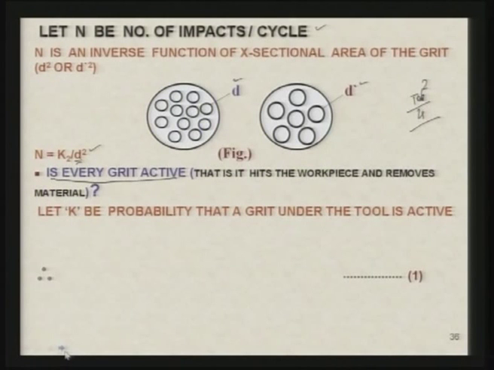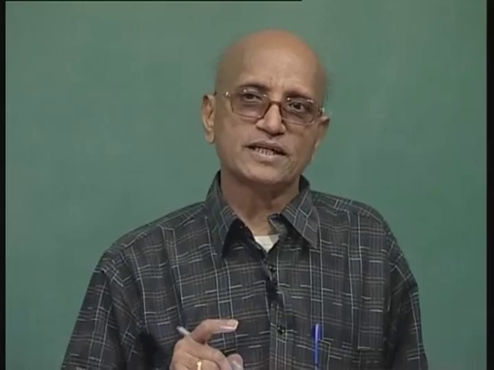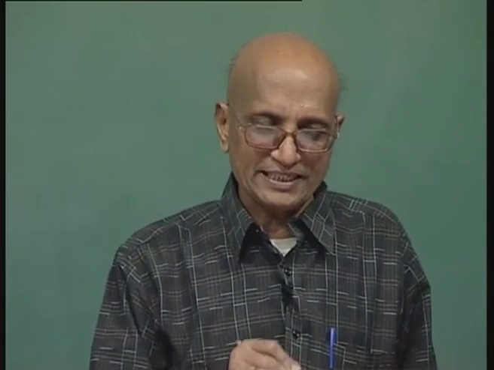So, it is assumed that all abrasive particles which are under the tool are not active. That simply means that each abrasive particle is not hitting the workpiece surface. So, they assume that the probability of an abrasive particle hitting the workpiece surface, let it be k.